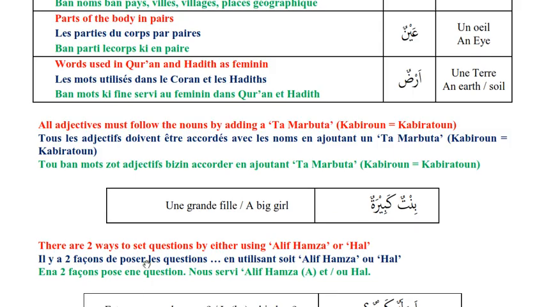Here, likewise, a big girl, bintun kabiratun. Now, in Arabic language, as we have seen, if the word is feminine, then the adjective must be feminine.